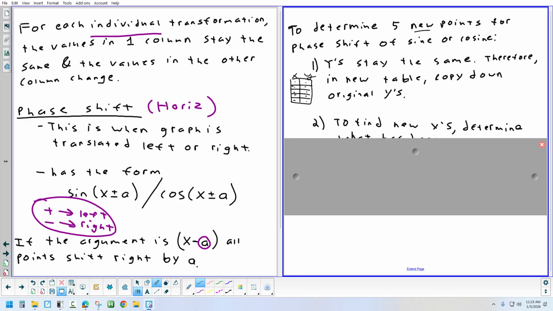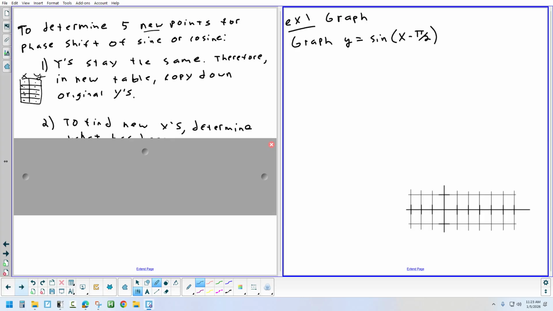So let's look at our first example. First example is going to have an x minus pi over 2. Which way is that graph going to go? Because it's minus pi over 2. Right, everything's going to go to the right. What really happens to x values if they're moving to the right?